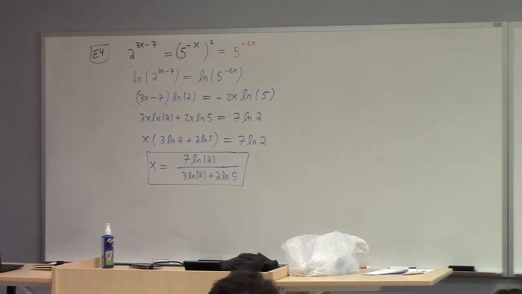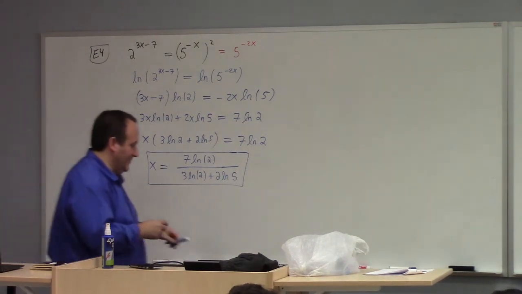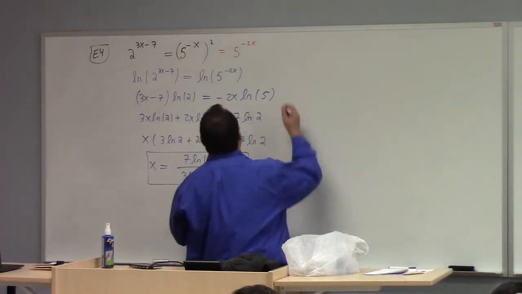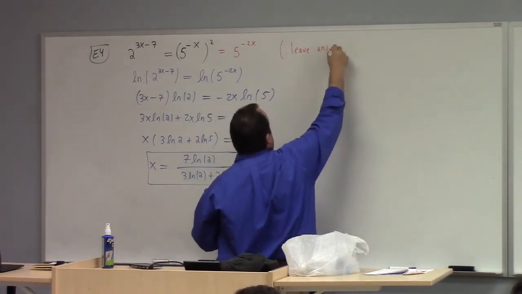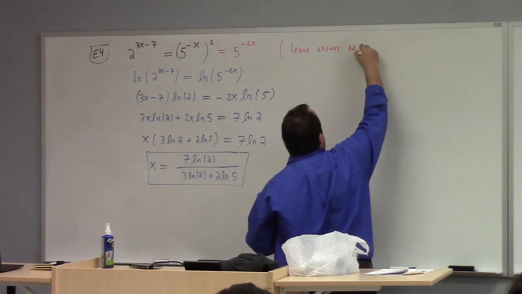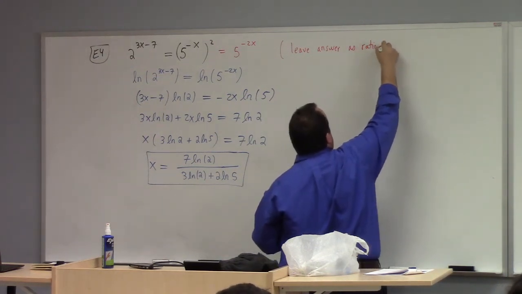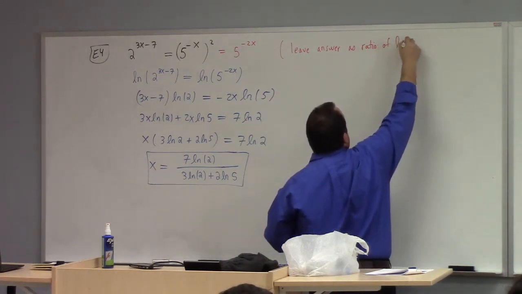So whenever we are on this, do we give that or do we give the calculator answer? Depends on the instructions. I could make it worse. So leave the answer as a ratio of ln's.